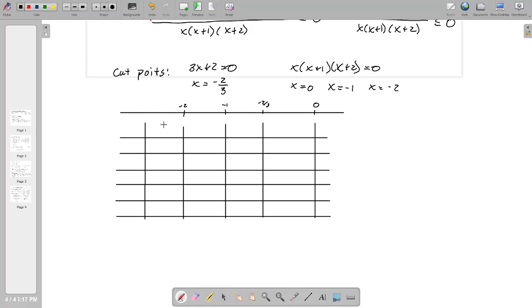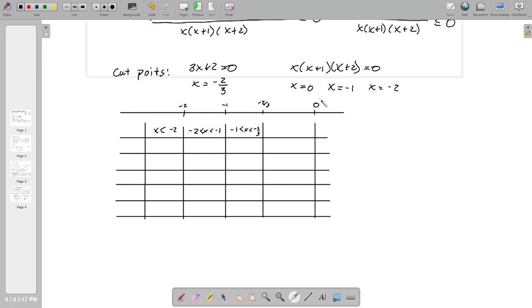So for instance here, our interval is that x is less than negative 2. In between negative 2 and negative 1, we have negative 2 is less than x, and x is less than negative 1. And between -1 and -2/3 would be -1 is less than x is less than -2/3. These do need to be written in ascending order. -2 is my smallest number, -1 is my second smallest, then -2/3 is third smallest, and of course 0 is my largest.